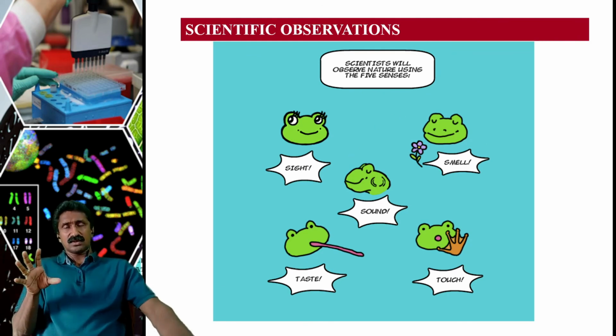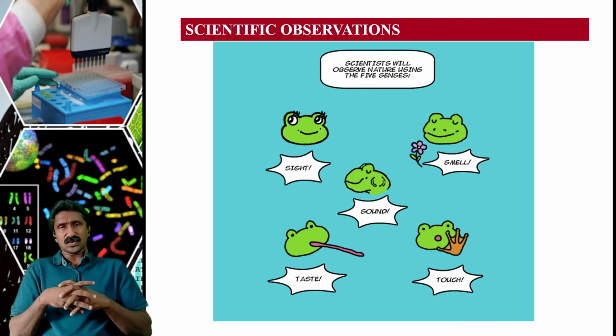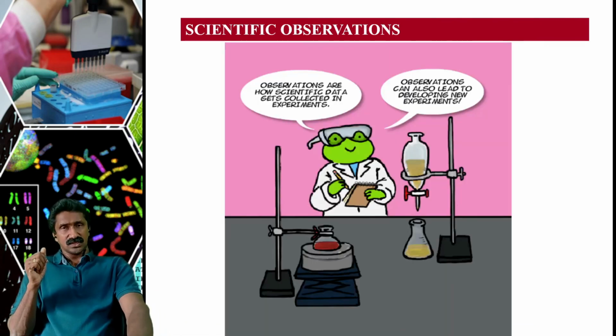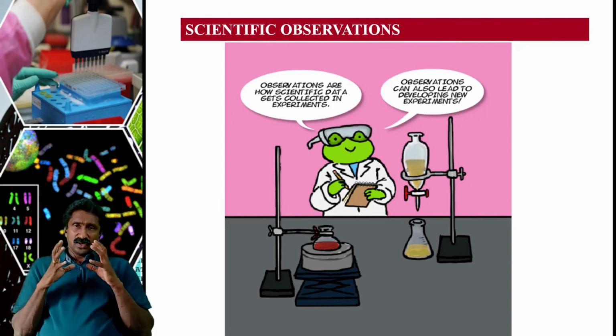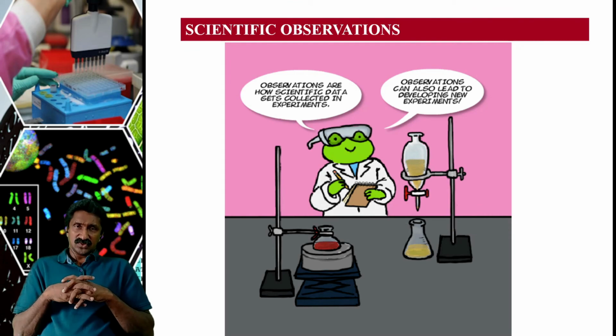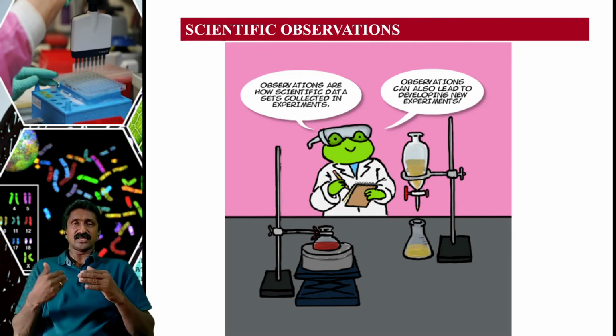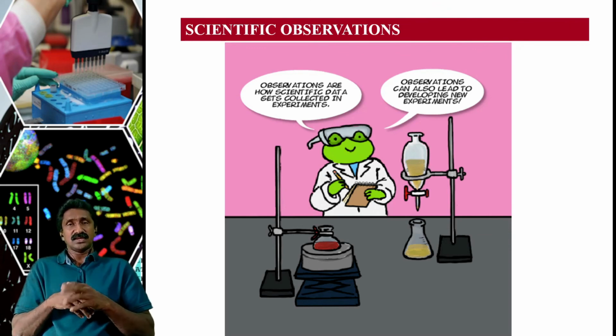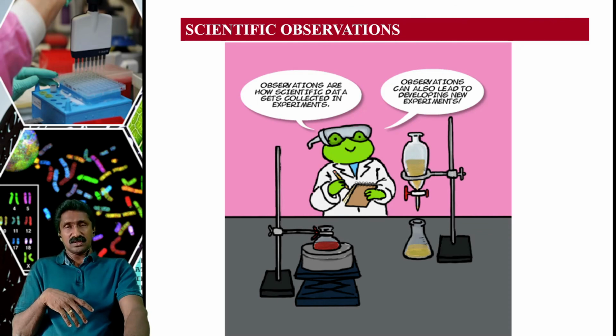All these five senses are used for observing and recording the results. Observations are how scientific data gets collected in experiments, and observations can also lead to developing new experiments. So based on the observation, you can redesign the experiment, and that results in development of new experiments for validation of the hypothesis.